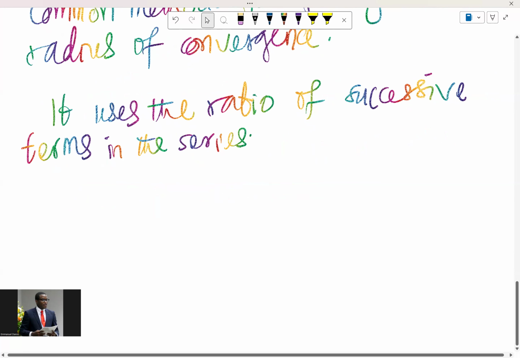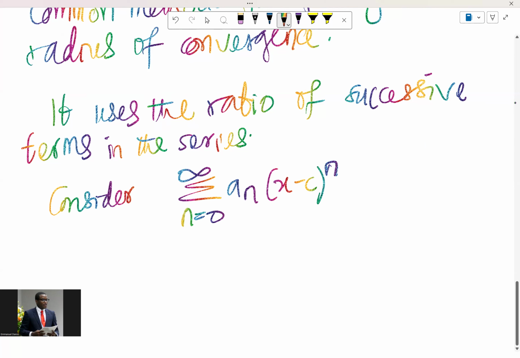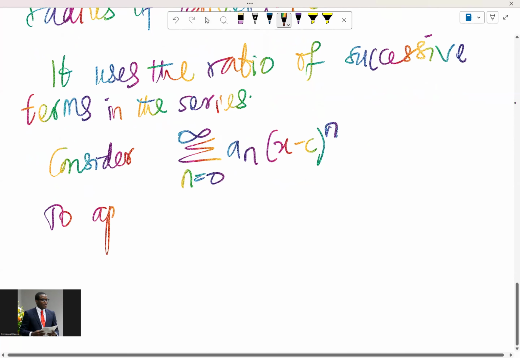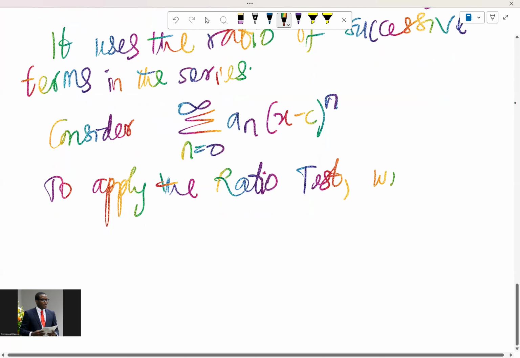So consider summation from n equals 0 to infinity, and you have the coefficients a n, then x minus c raised to n. Don't forget, there's an n on top of x minus c, which I did not put in the first video. Please apologize for that. So to apply the ratio test, we compute the limit.